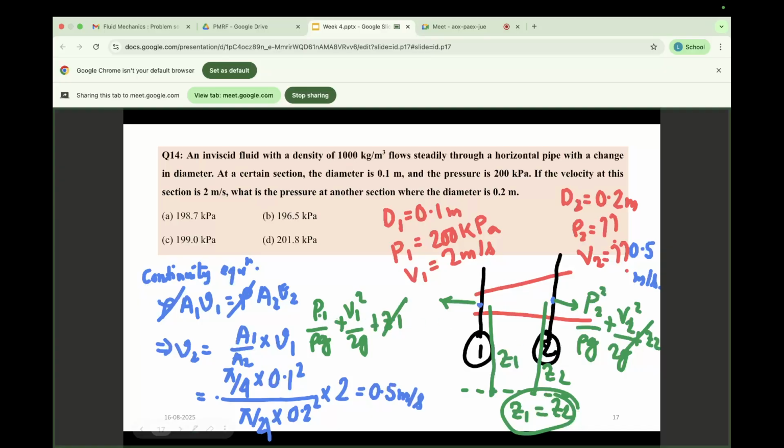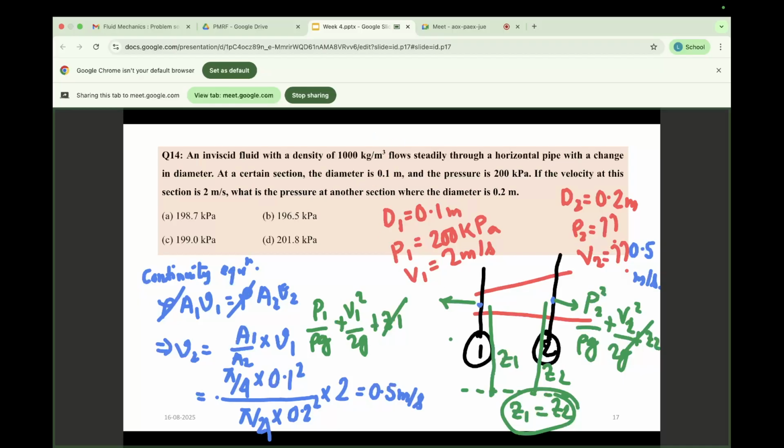Already P1 is given. You can put in place of P1 200 into 10 to the power 3. Density I know is 1000 into g. You can put 10 or 9.81, whatever you feel good for the calculation. V1 is given as 2, and g is also 10. Similarly, all these values are known, so then you can find out this value.